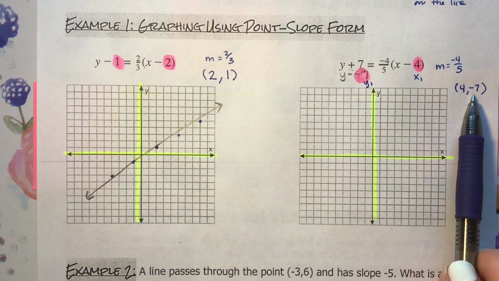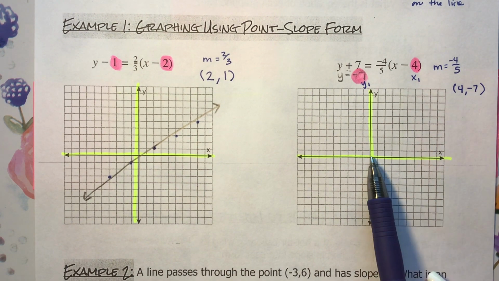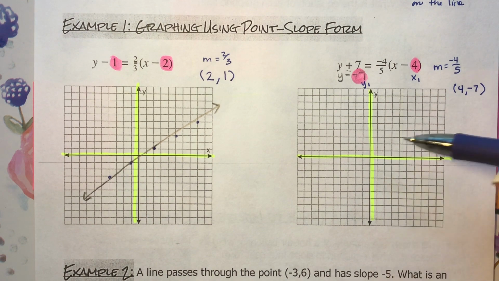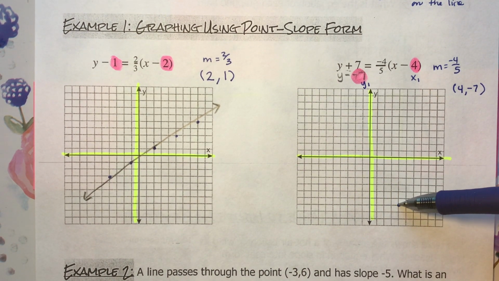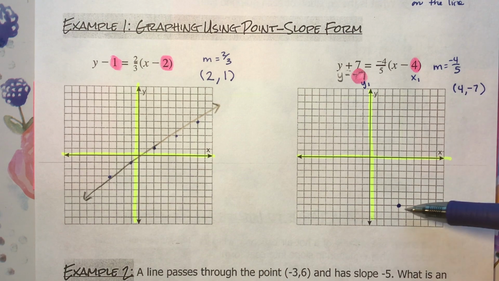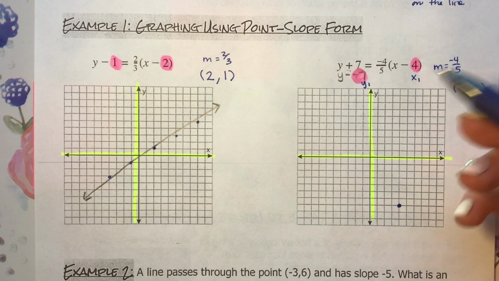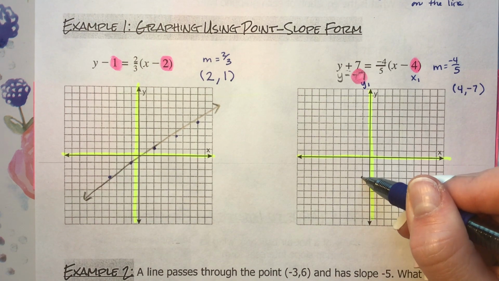I'm going to start with this coordinate, then I'm going to use the slope from there. So over 4, 1, 2, 3, 4, down 7, 1, 2, 3, 4, 5, 6, 7, okay. Then I have a slope of -4 over 5. So that's down 4 to the right 5 or up 4 to the left 5. 1, 2, 3, 4, 5.